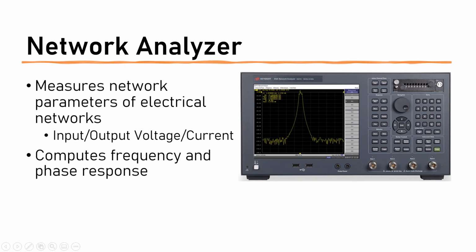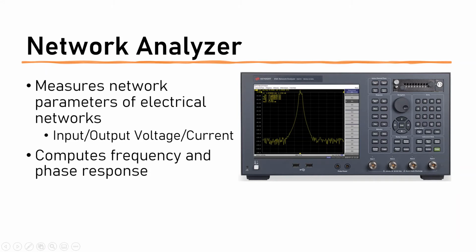A network analyzer tool is used to measure the network parameters of electrical networks or electrical circuits. In the case of devices with two-port networks, the terminals consist of an input and output voltage and an input and output current. The values of these voltages and currents determine the values of the network parameters to be analyzed.